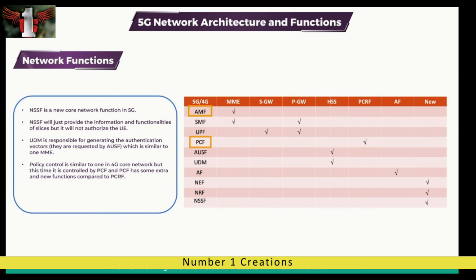AMF asks PCF for getting the access and mobility policies. One of the new functionalities of PCF is to make resource reservation for the other services using HTTP or XML based interface. Network exposure function NEF and network function repository function NRF are new functions introduced in 5G.